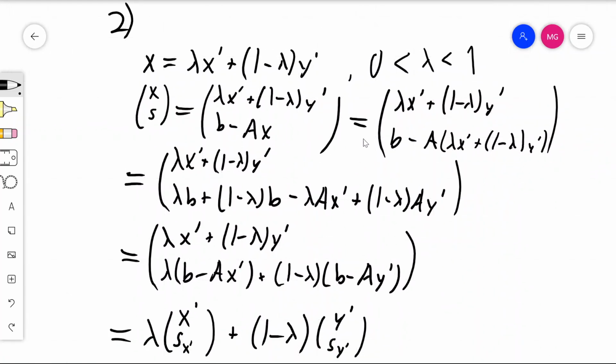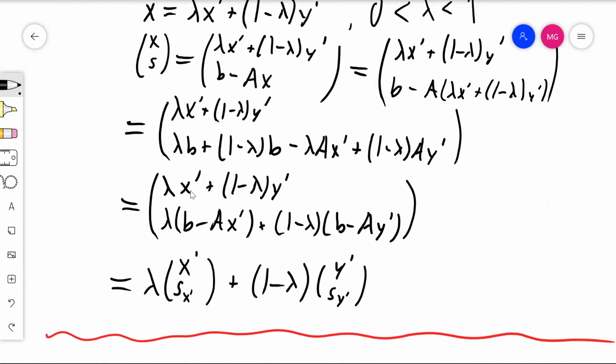And then we can just write b. It's better written as lambda b plus 1 minus lambda b. You can see that that's just basically an expansion. If we simplified that back down, we would just get b. But it's better to write it like this because in the next line, we can see that we have lambda x prime plus 1 minus lambda y prime.